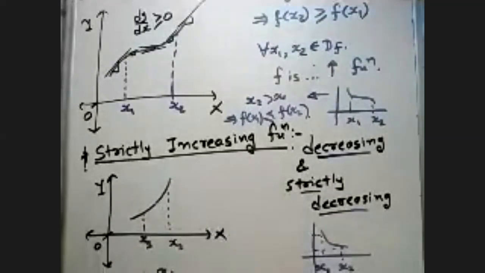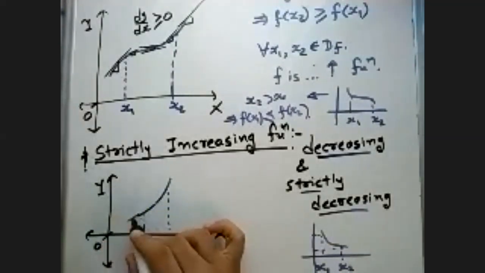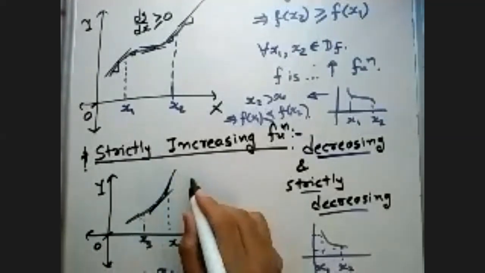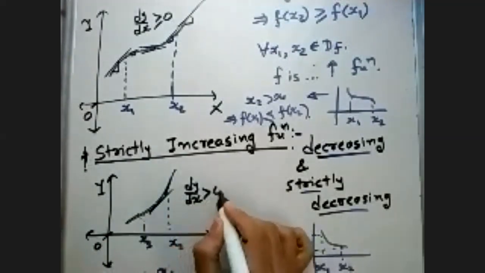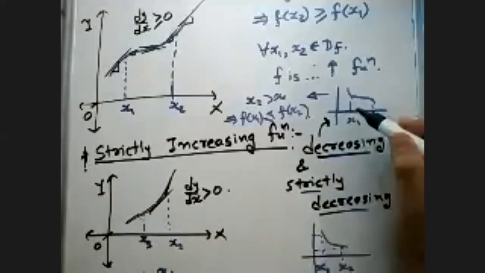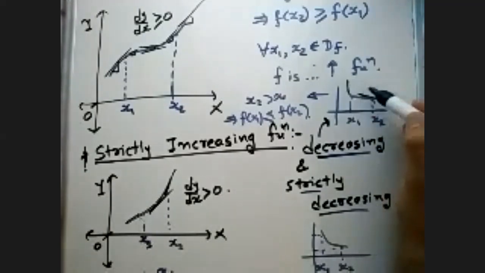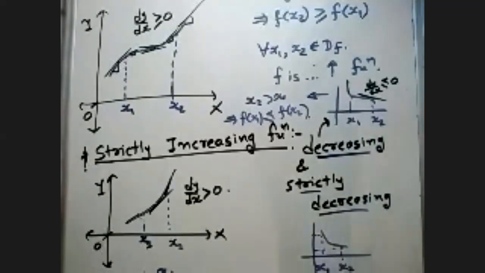So for strictly increasing, for decreasing function, and for strictly decreasing, right?